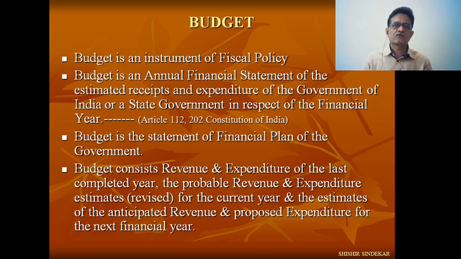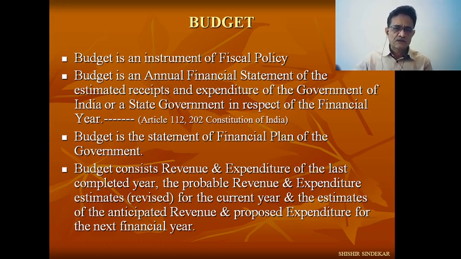So suppose right now we are discussing the budget of the year, say 2021-22, which is presented on 1st February. This budget will definitely consist of the completed year, that is 2019-20, the actual figures of that year.